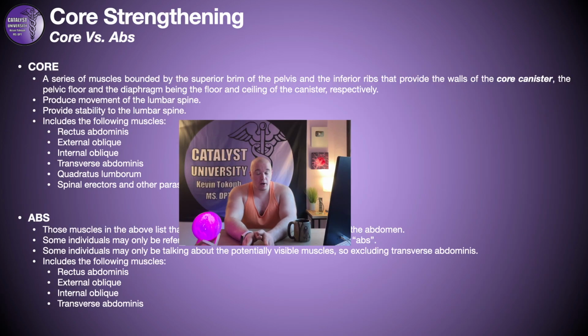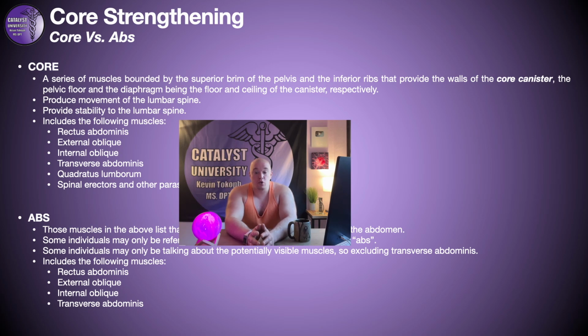Now, before we get too far into any of that, we really need to have a basic understanding of what is the core. The core is a series of muscles on the front, the sides, and the back of the abdomen that serve a number of functions. One of them, very generally, is to create stability of the lumbar spine, the lumbopelvic region, and the lower thoracic spine.